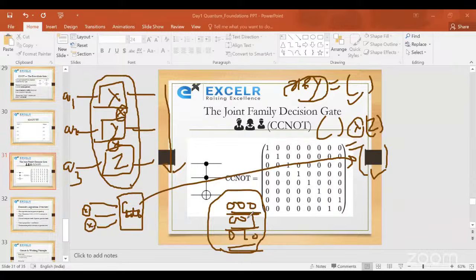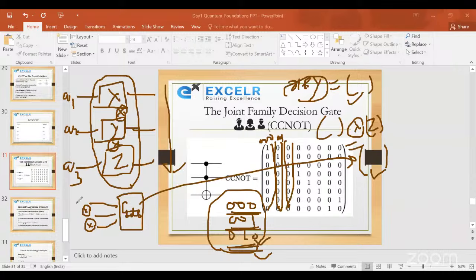For every state 000, 001, 010, we follow a matrix here. This is the matrix for 000. This is the matrix for 001. This column matrix was for 000. Like that we will go in the sequence, until the last state. How many states will there be? 8 states, and there are 8 matrices.